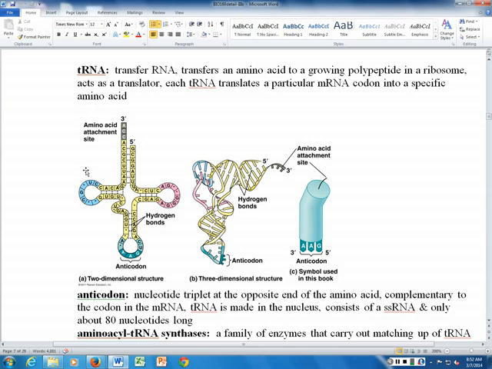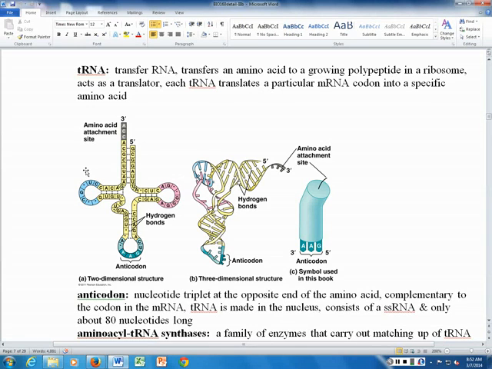The anticodon is 3 base pairs that are going to be complementary to the codon. And so they will be able to match up with the codon, be complementary, to verify that you're actually bringing the correct amino acid down for what the codon wants.